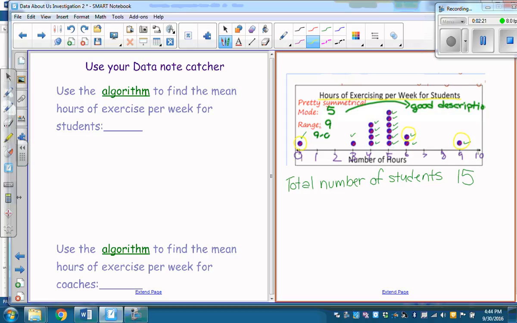The other thing we need to find the mean is we need to have also the total hours of exercise for all 15 students.